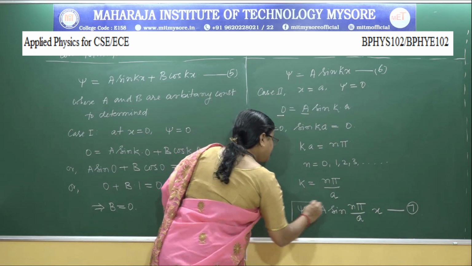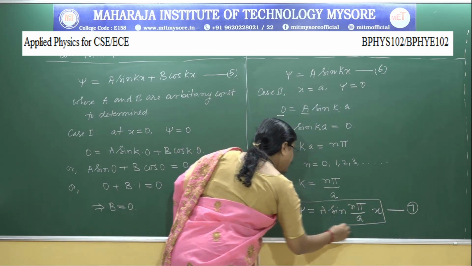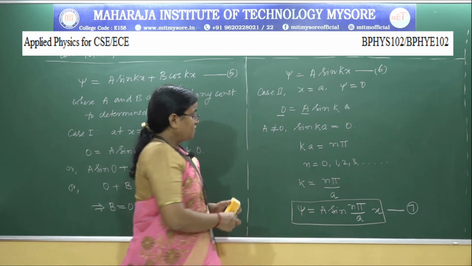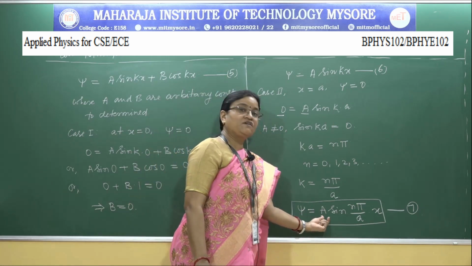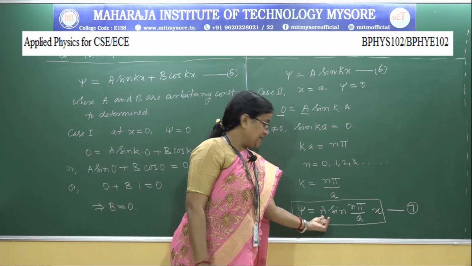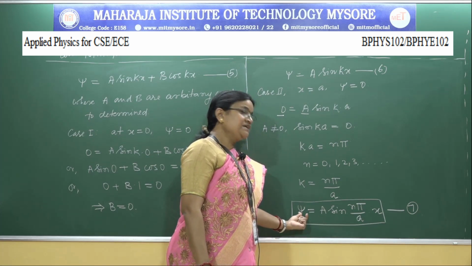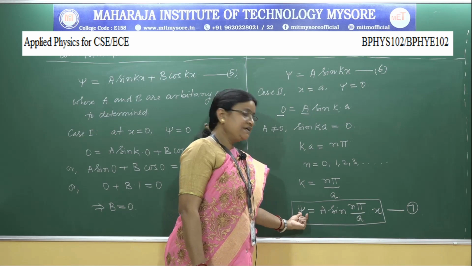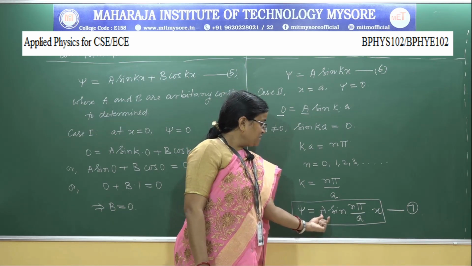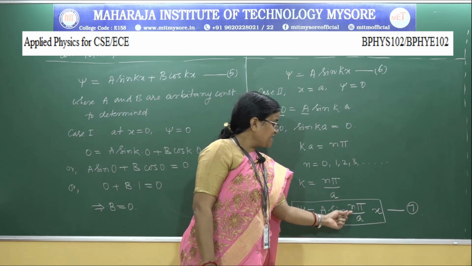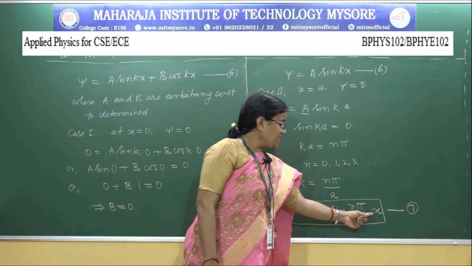So, this is the value of ψ; we still have to find out the value of A, and we will do it later. This ψ is an eigenfunction, equal to A sin(nπ/a)x.